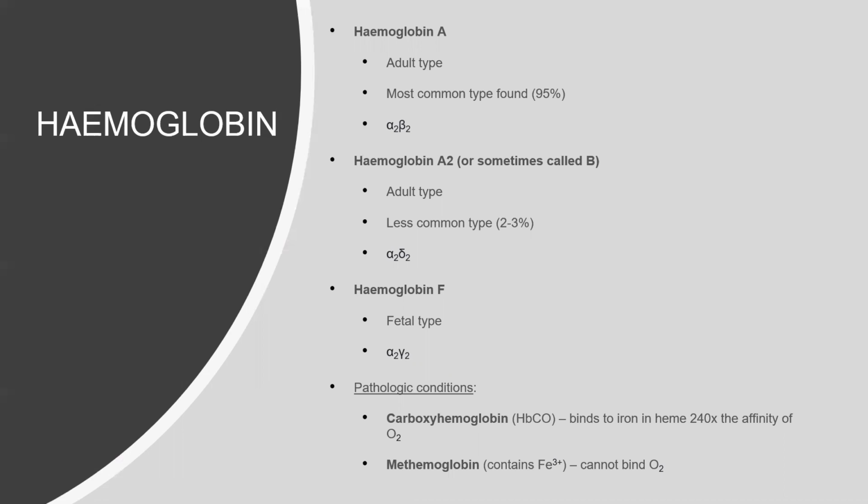So it means that the fetus doesn't breathe in oxygen, but takes it up from the bloodstream, from the placenta, right? So that's why it has a different structure from the adult type, and it leads to the fact that it binds oxygen more strongly. The levels of hemoglobin F actually remain high even after birth until the baby is roughly 2 to 4 months old, right?